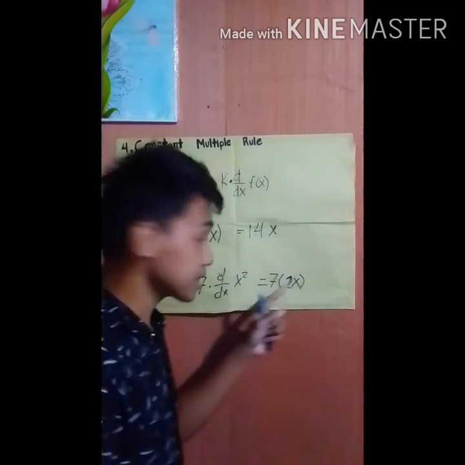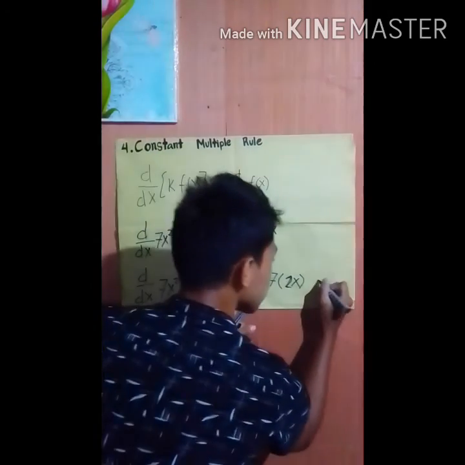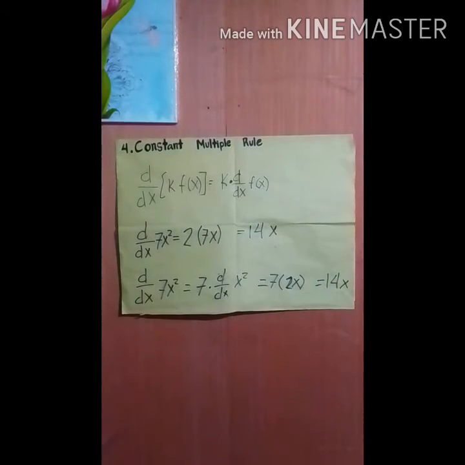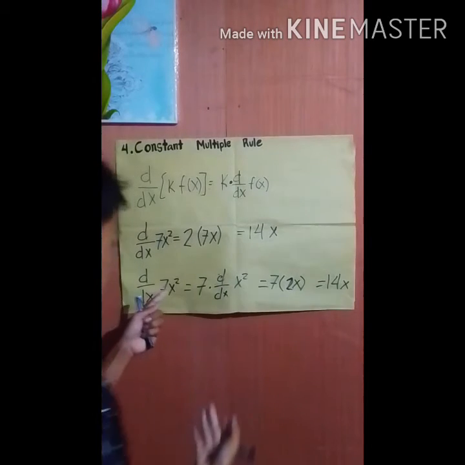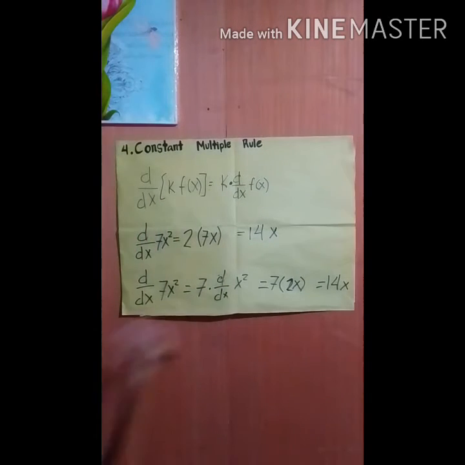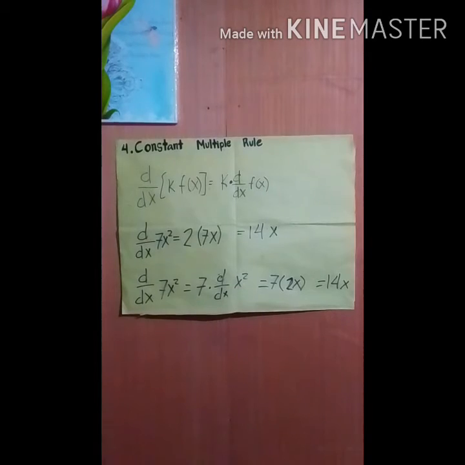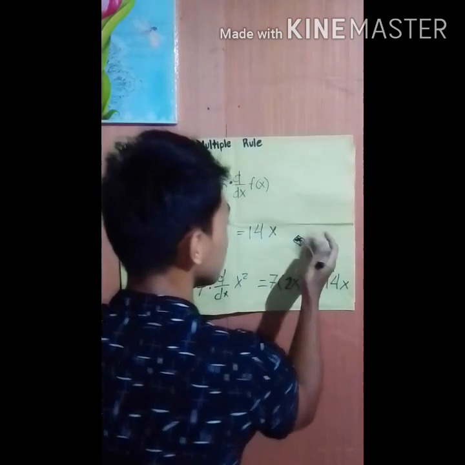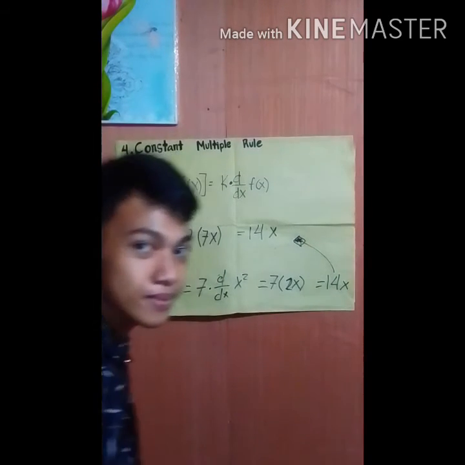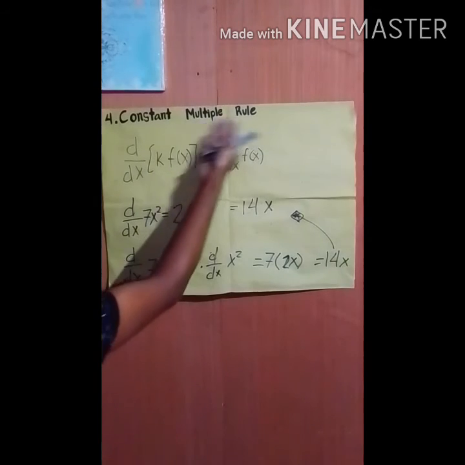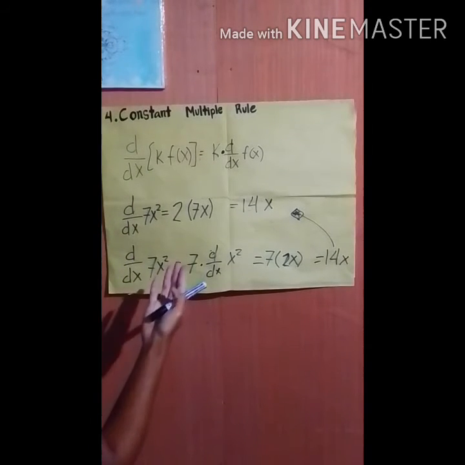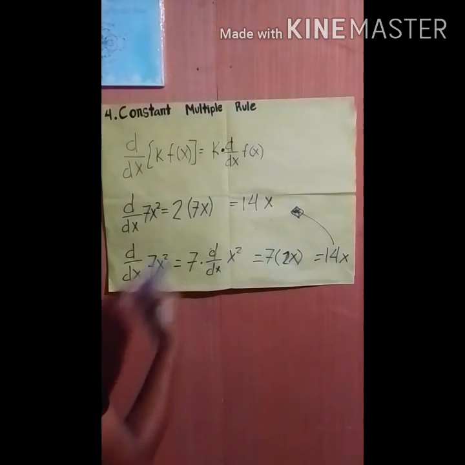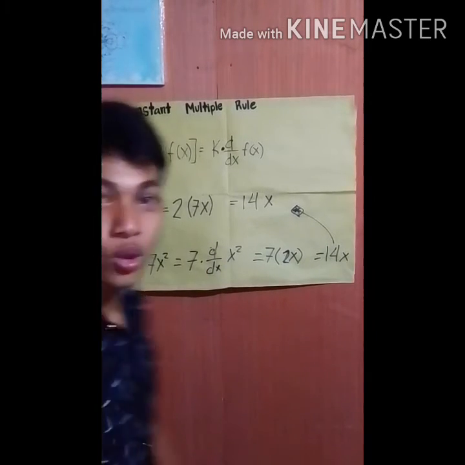So 7 times 2 is equal to 14. You can move the 7 outside, which is the same result as we had before. So the constant multiple rule says if you have a constant times a function, you can move that constant outside of the derivative. The results are the same.